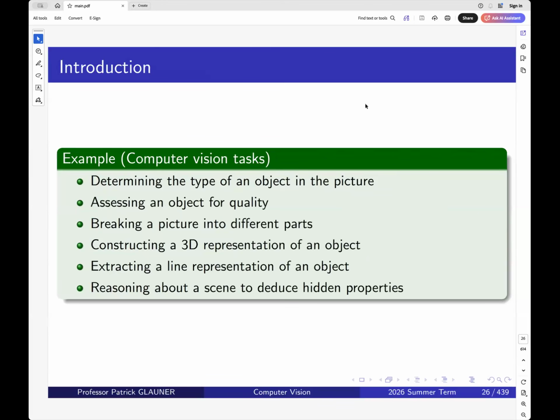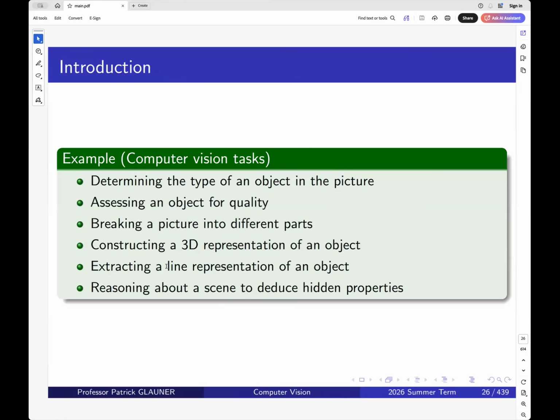And computer vision, it's often more higher-level tasks, like maybe we want to determine the type of an object in a picture. We want to assess an object for quality. We may want to break a picture into different parts, maybe into different segments. Maybe we have multiple images of the same object and we want to reconstruct a 3D representation.